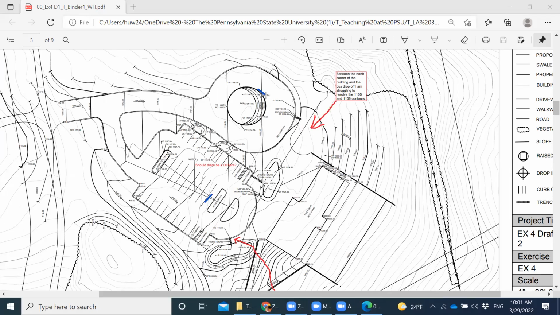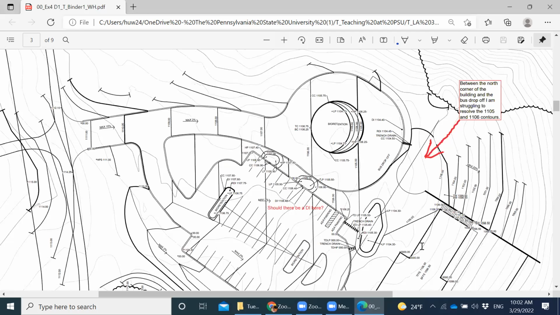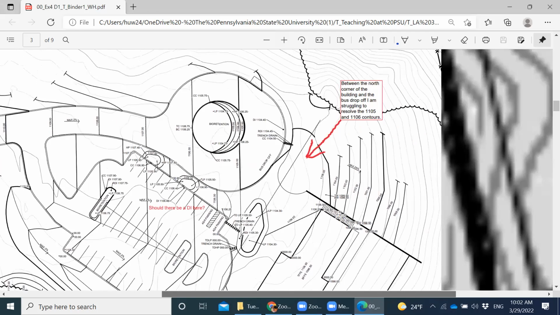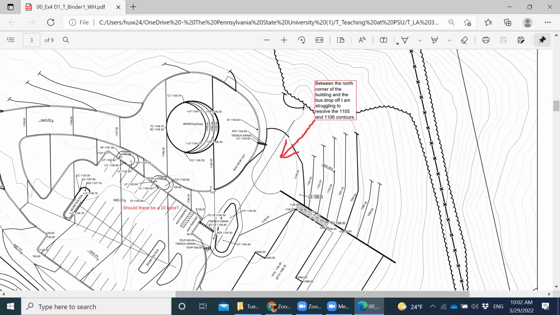So that will be cut down there. So you wouldn't have the middle part there. Between the north corner of the building and the drop, I'm struggling to reserve 1105 and 1106. Okay, let's zoom into that area. Oh, 1105 is over here.